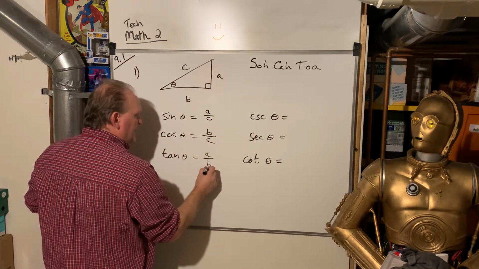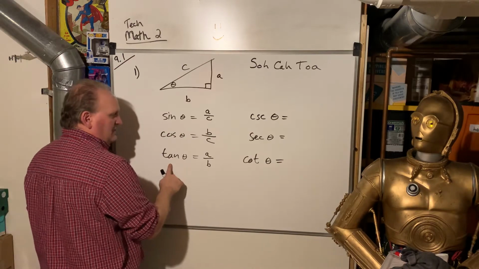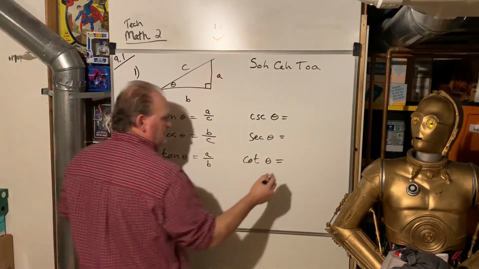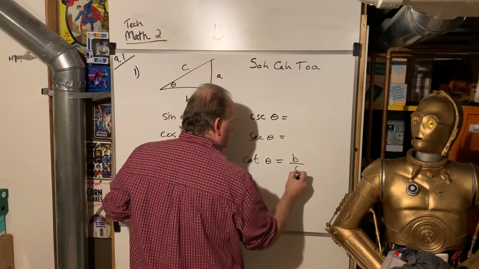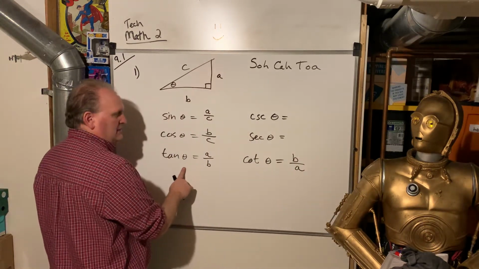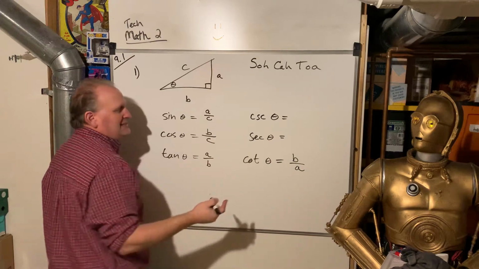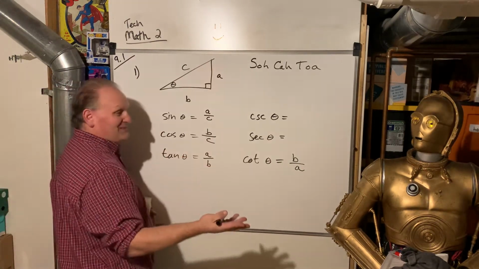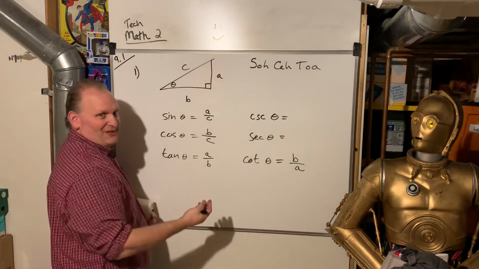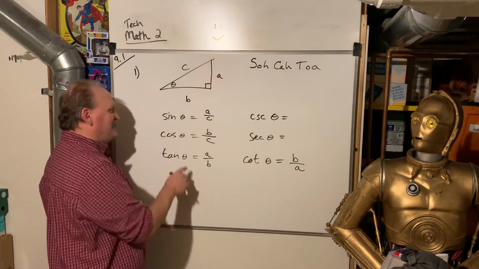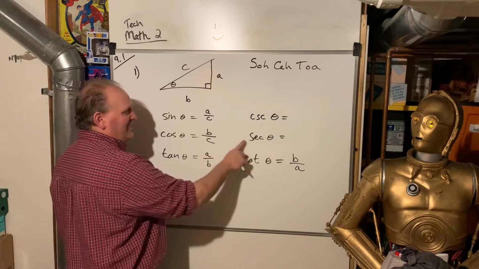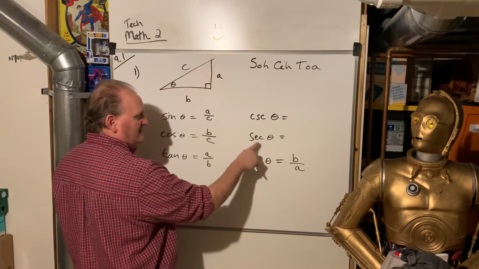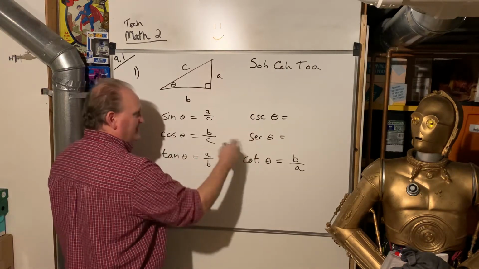So now, it's kind of obvious, tangent, and then its inverse is cotangent. So that is B over A, the reciprocal of this. These are not as easy. The way that I memorized these was, I'm not a great speller, my penmanship is also lacking, as you can see. But cosine is like secant spelled backwards if you're a bad speller. There's an E instead of an O, but, you know.